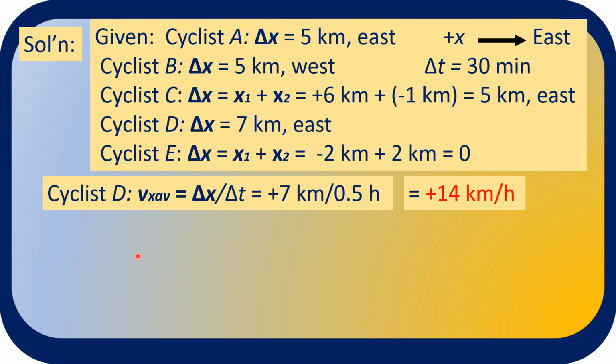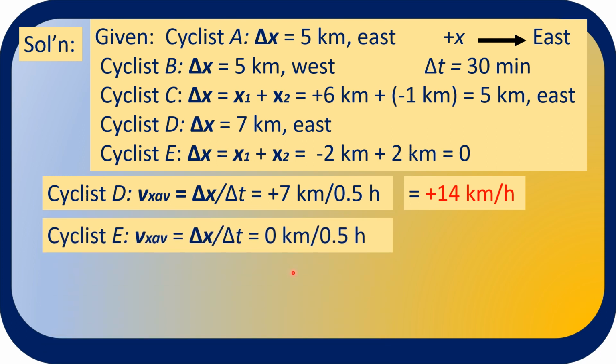And finally, for cyclist E, his total displacement is 0 kilometers. Divided by the time elapsed, 0.5 hour, his average x velocity is equal to 0 kilometers per hour.